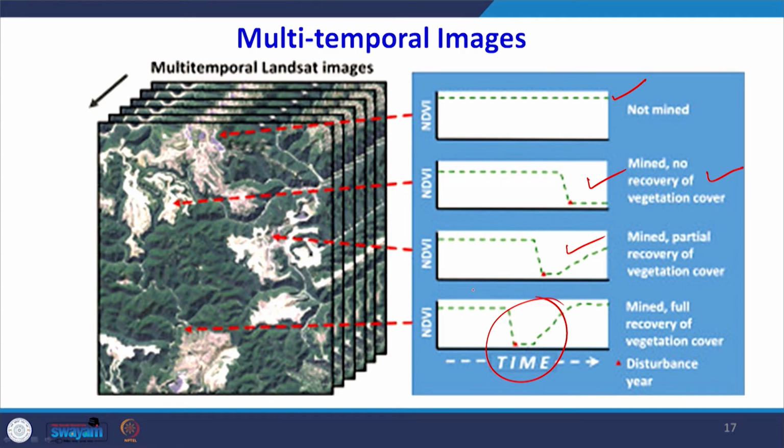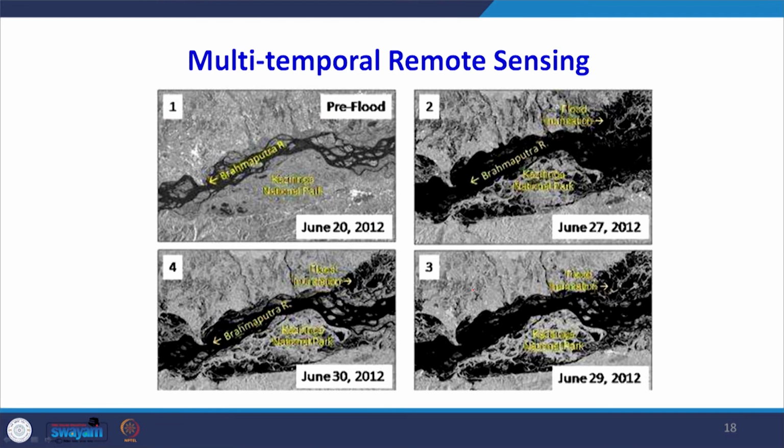This is another example of multi-temporal satellite images, for the flood. This is the pre-flood image, and then these are the post-flood images of different dates: June 27, 2012, June 30, 2012 and June 29, 2012.